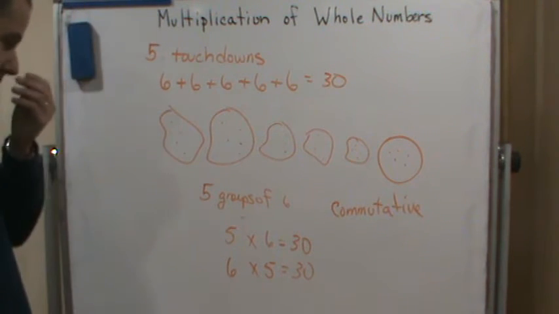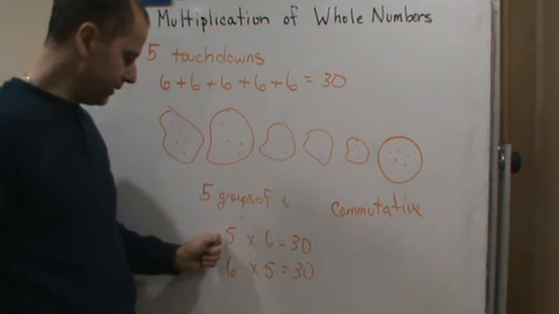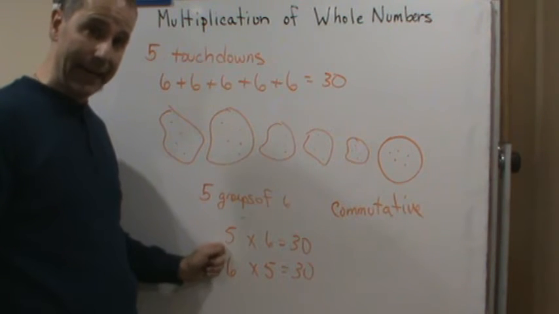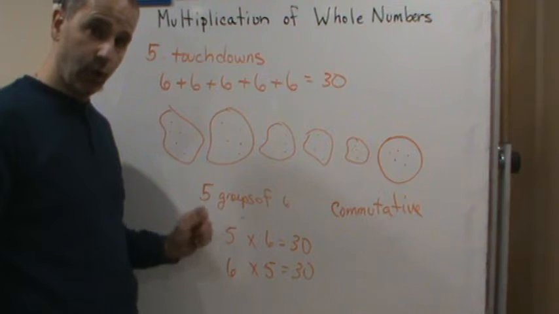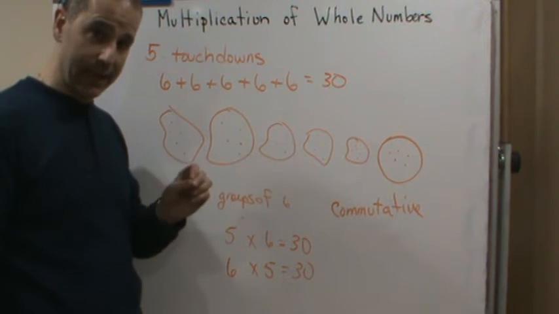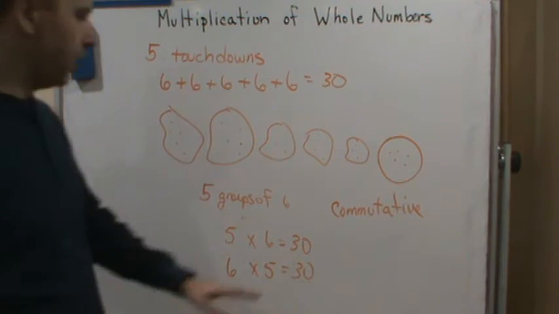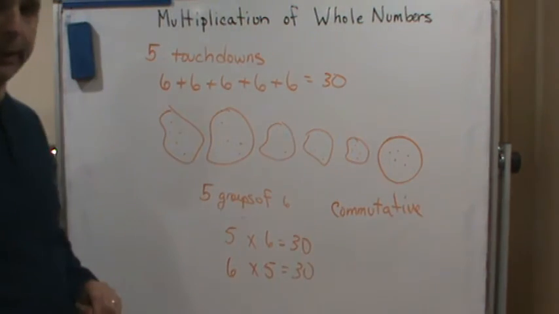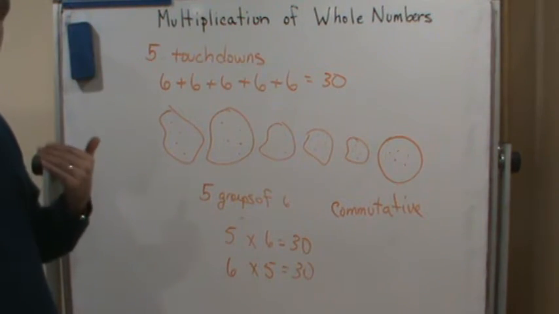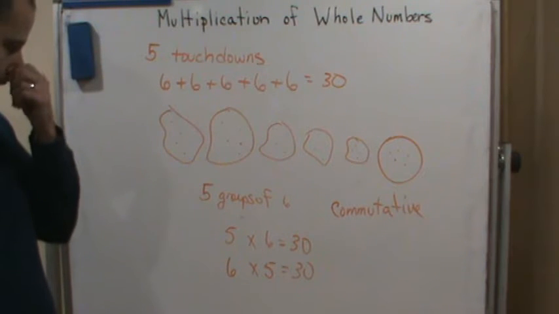Okay? Now, also keep in mind that multiplication is a binary operation again. So you can only multiply two numbers at a time. Okay? Just incidentally, keep that in mind.